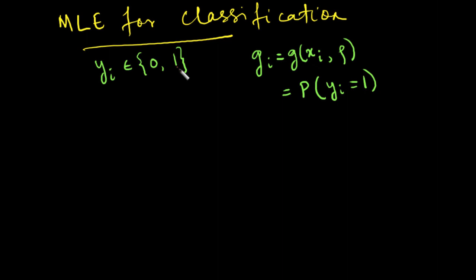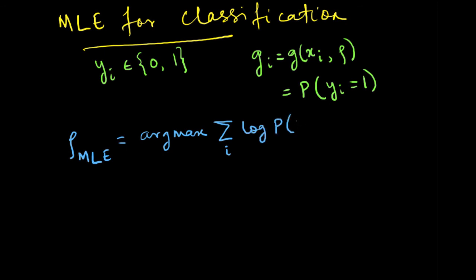So now, like we had in the previous case, rho MLE is equal to argmax summation over i of log of the probability of yi given xi and rho.